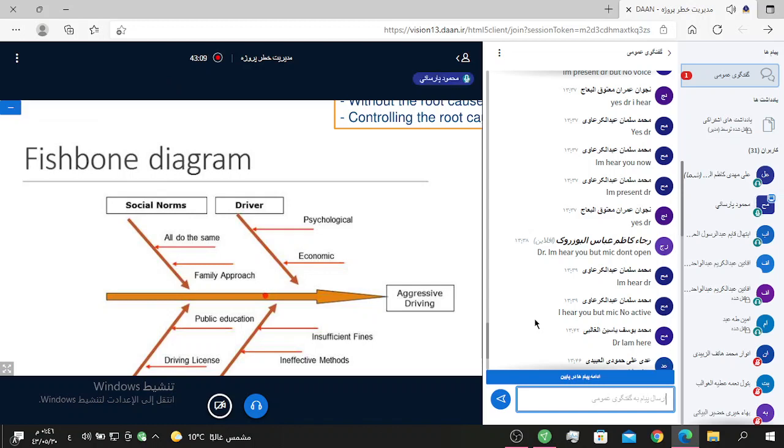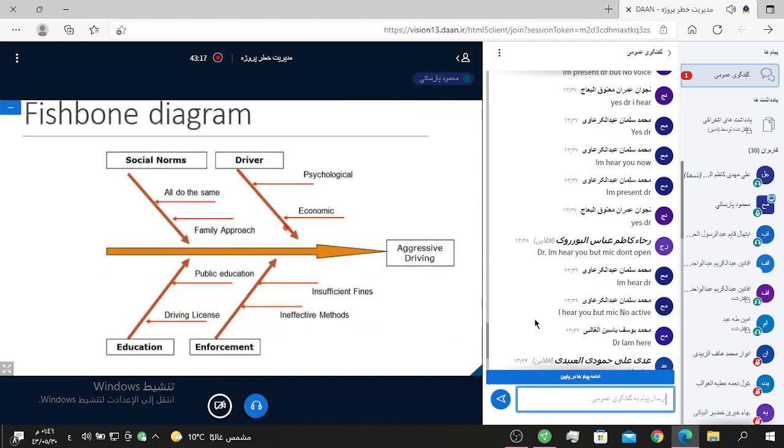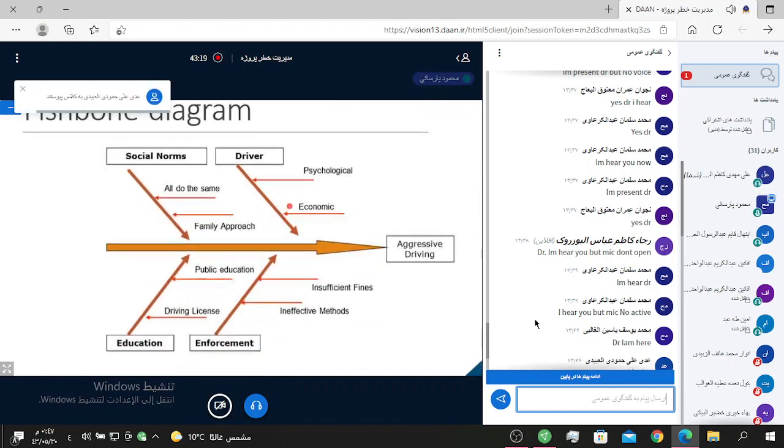Use of the fishbone diagram for identifying risks. There is an example. In this example, the main arrow, the main part of the fishbone diagram, is about aggressive driving.